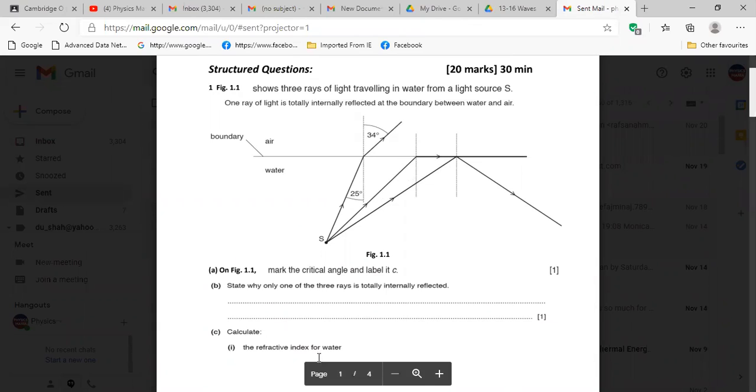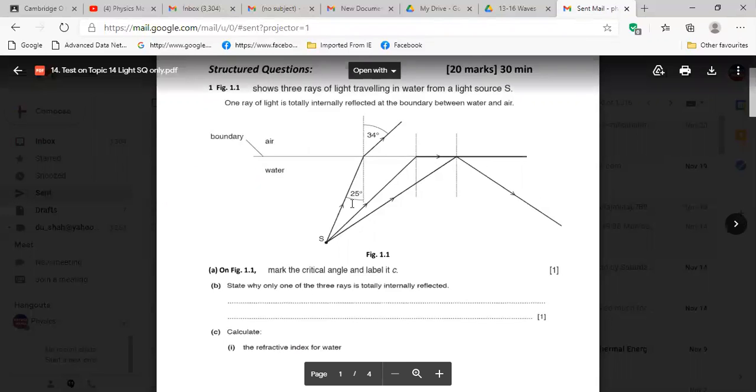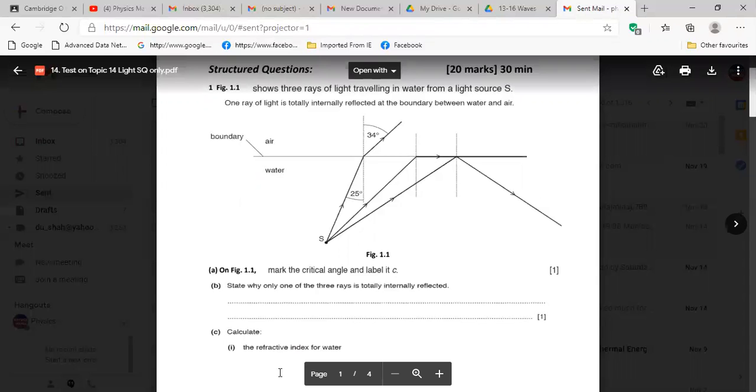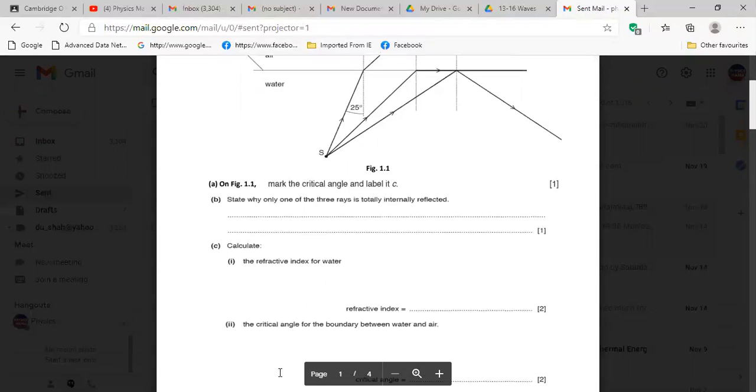This is going from denser to rarer medium, and the angle of incidence given, angle of refraction given. So how we'll write the formula, Monica? If it is from denser to rarer, how we'll write? Sin i by sin r or sin r by sin i? Sin i.